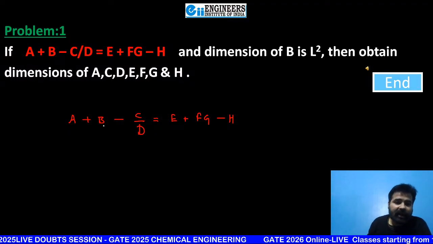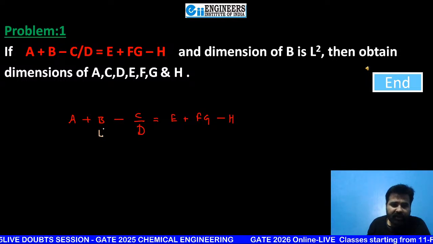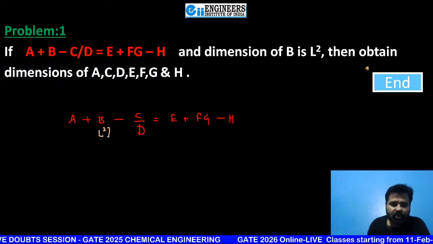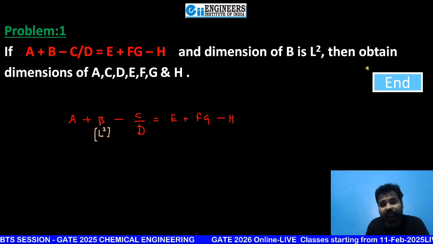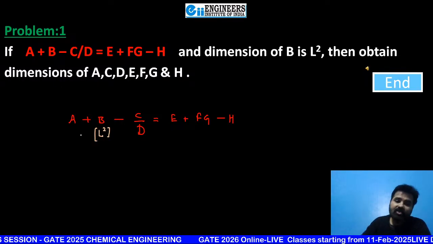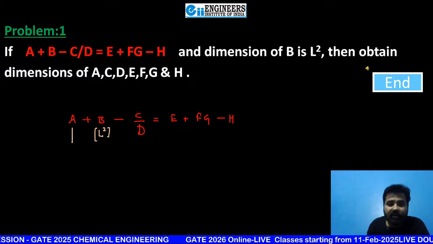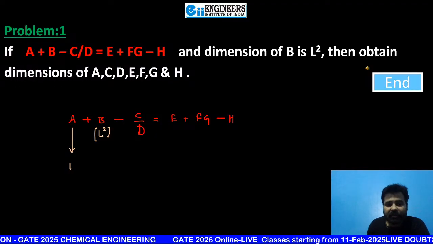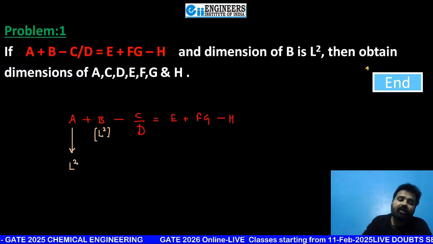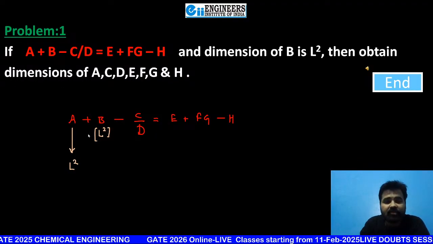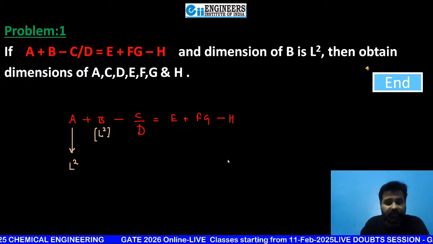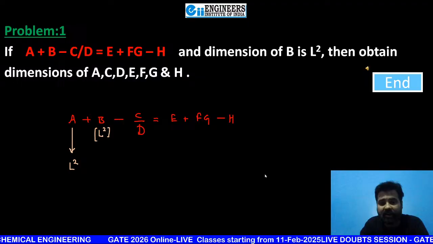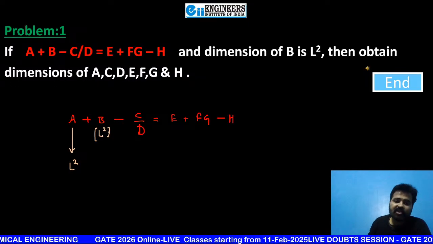If you know the dimension of B is L square, and you are adding A with B, that means the dimension of A must also be the same as B, L square. It should have the same dimension because you are adding to B. If this is a consistent equation, then definitely both dimensions should be the same.